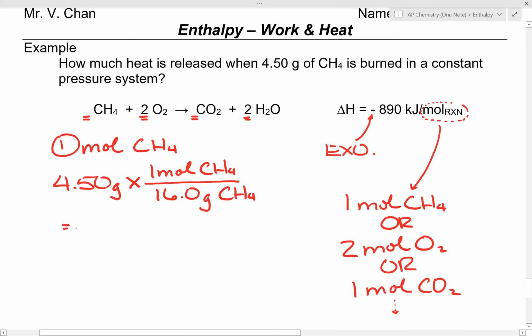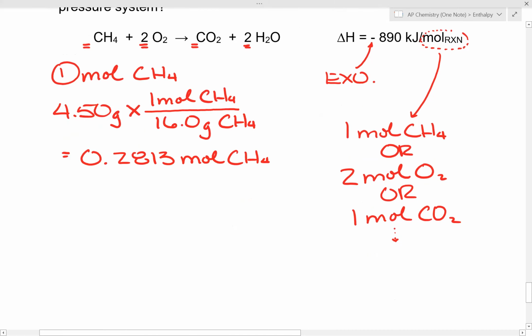That would be 4.50 divided by 16, which would give you 0.2813 moles of CH4.